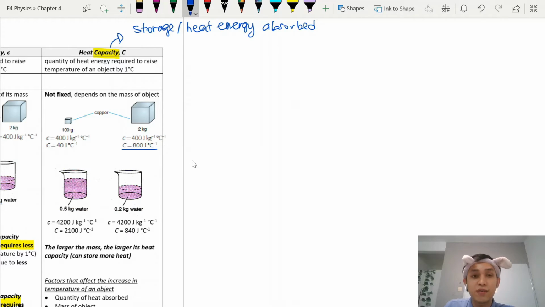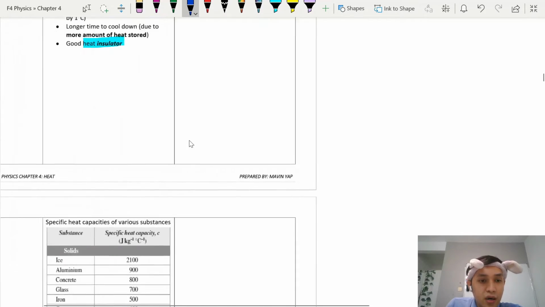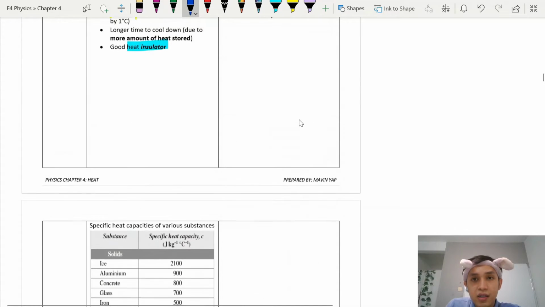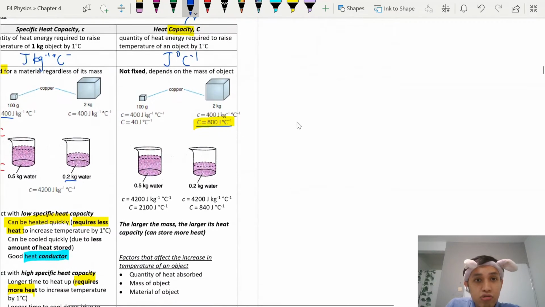I'm just going to give you one example. Let's say I'm using this value here, given that the heat capacity is 800 joules per degree Celsius. This is the unit, joules per degree Celsius. From the formula of heat capacity, we are going to calculate the amount of heat energy needed to increase the temperature of the copper.